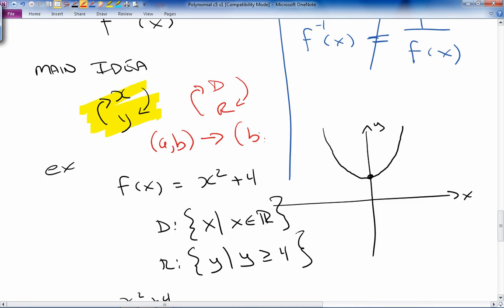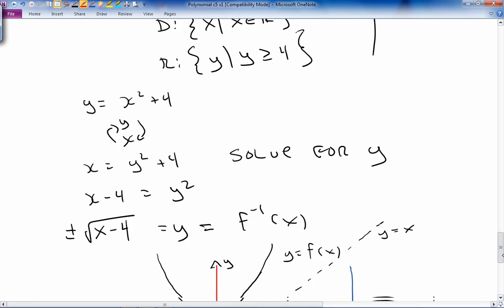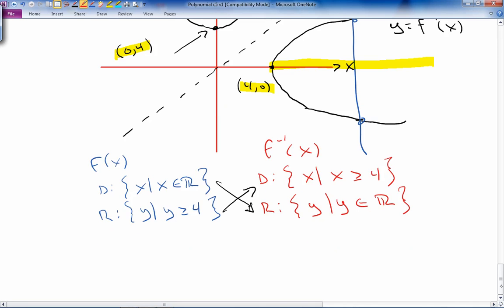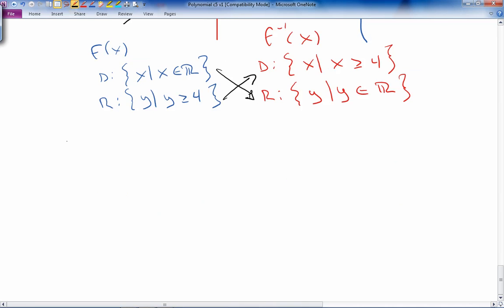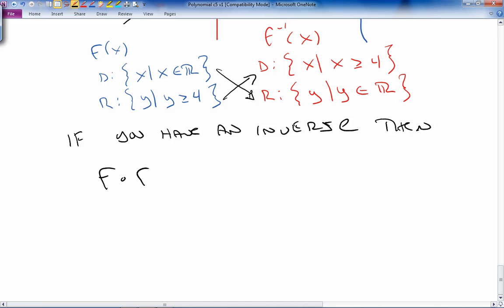And that's an inverse. How do I know if I have an inverse? It's always a question. How do we know for sure we have an inverse? If you have an inverse, then when you do the composition, and it doesn't matter in what order, composition usually gets different answers, you will always equal x.